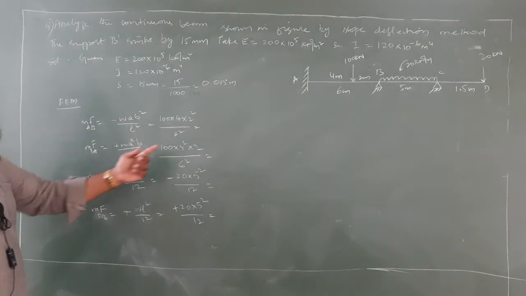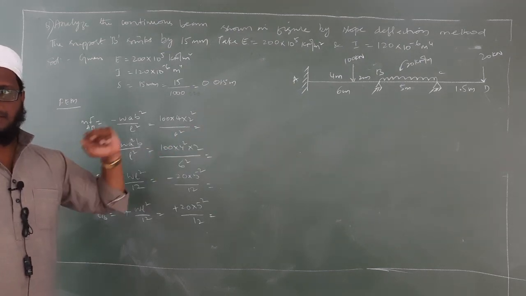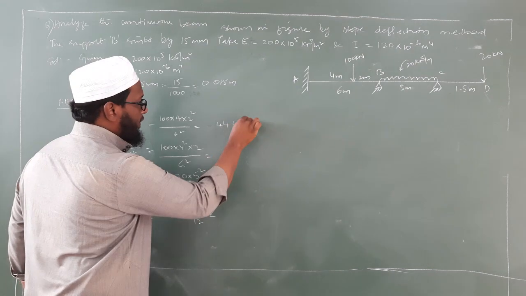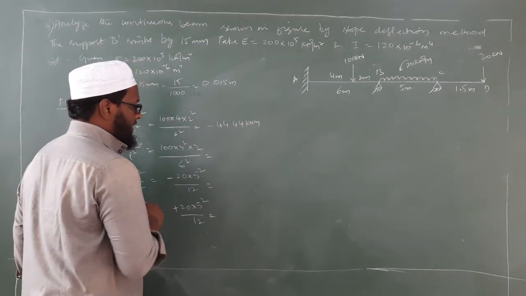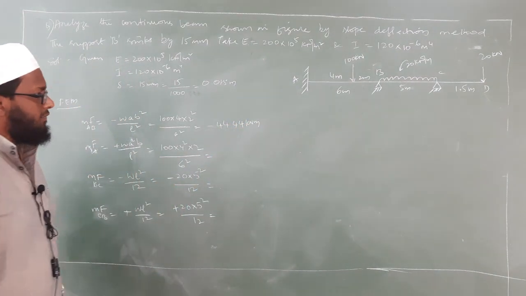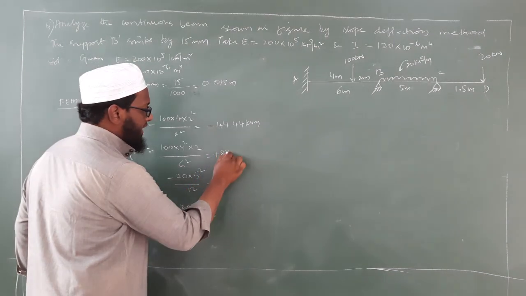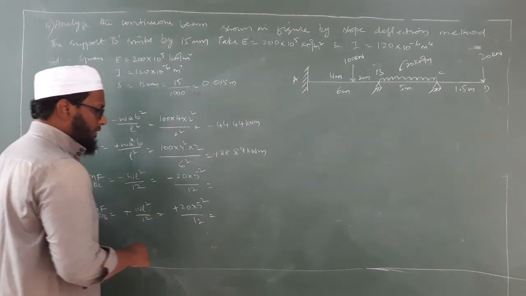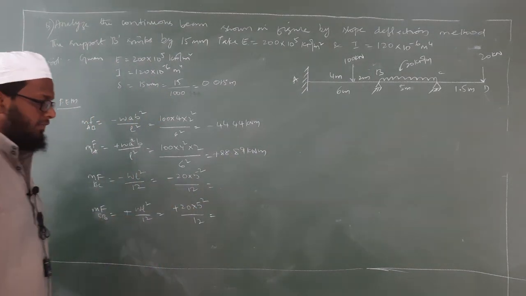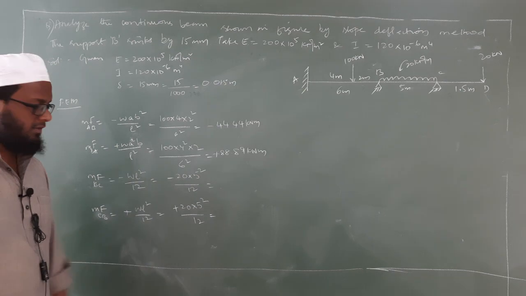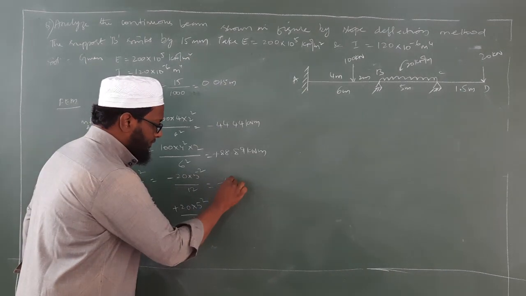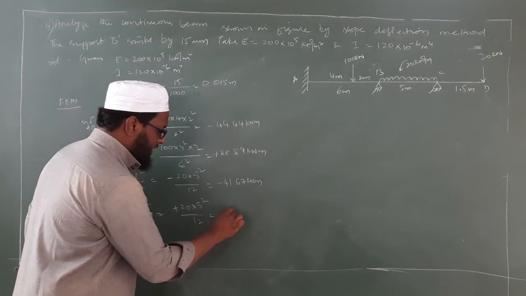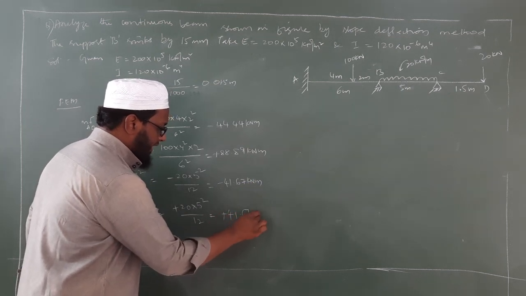What is the value for this one? 44.44 kilonewton meter, next plus 88.89 kilonewton meter. What about this one? 41.67 kilonewton meter. Then this one is plus 41.67, right?